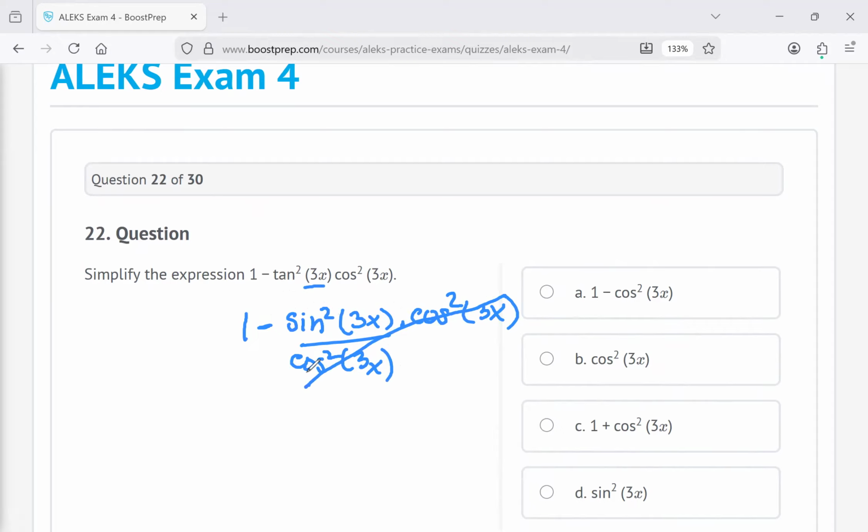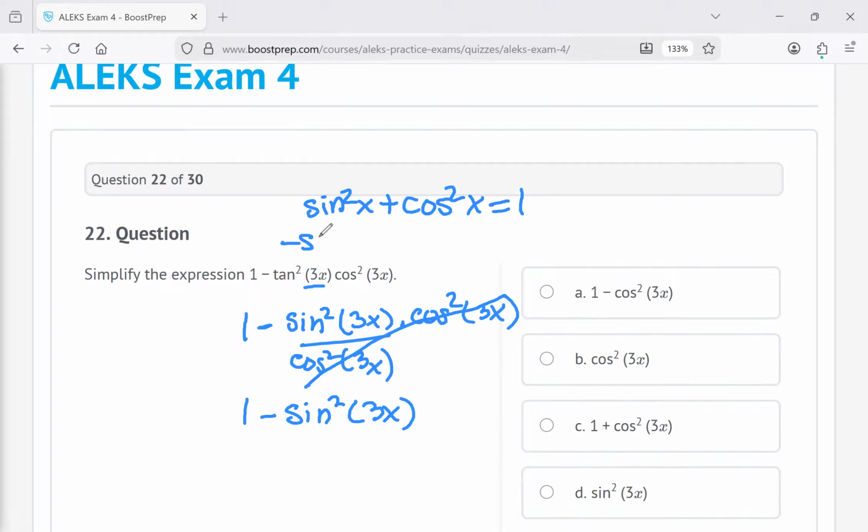So this cancels. So you're left with 1 minus sine squared 3x.